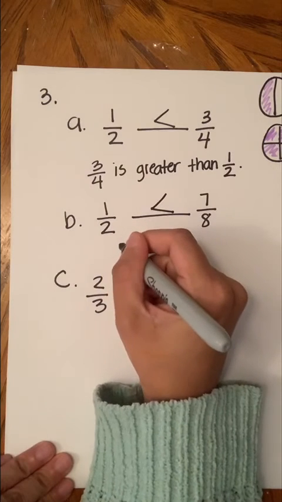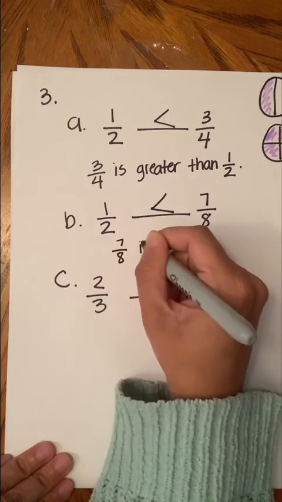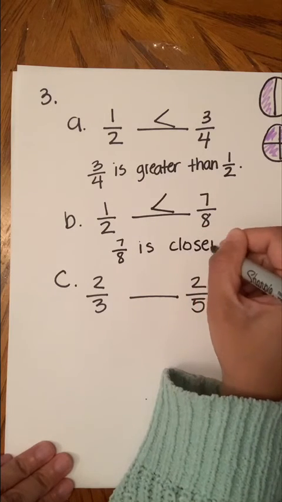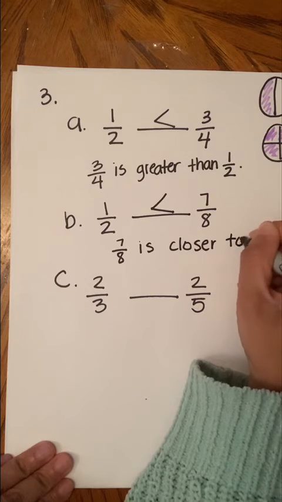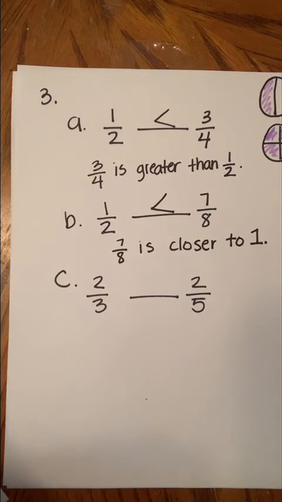So we could write here 7/8 is closer to 1. Remember our number line, right?